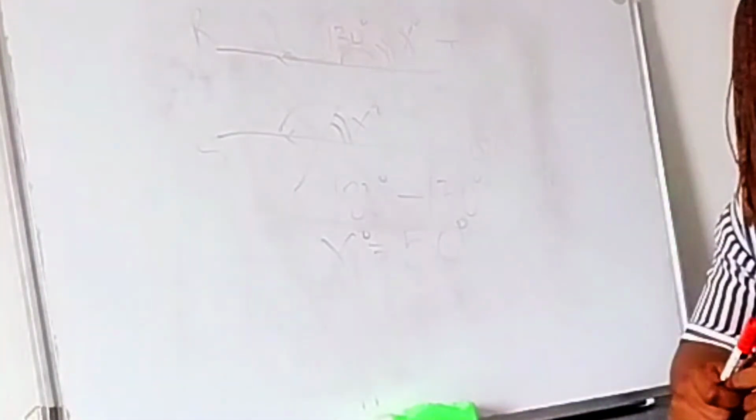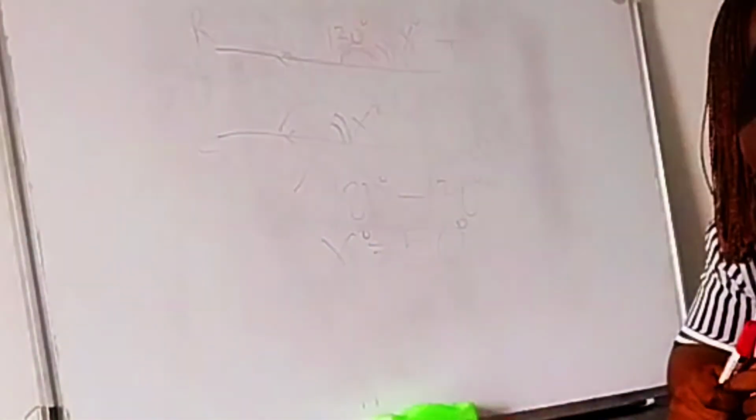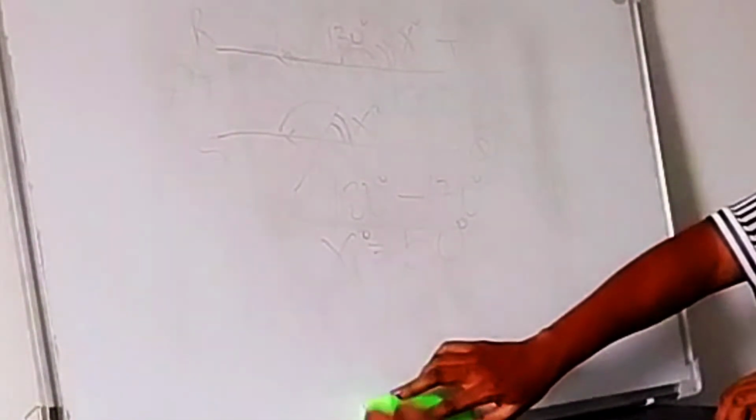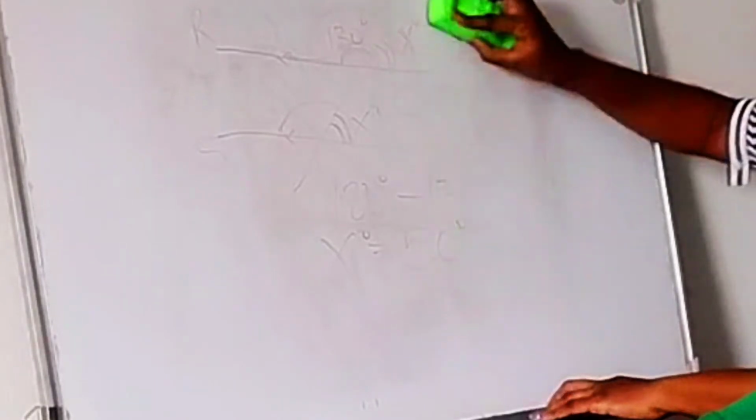Solve the following inequality: 2x is greater than or equal to 5x plus 6. Sounds like a very simple question but confusing. Don't be confused because of the inequality sign. So, what's the question? Solve the following inequality.